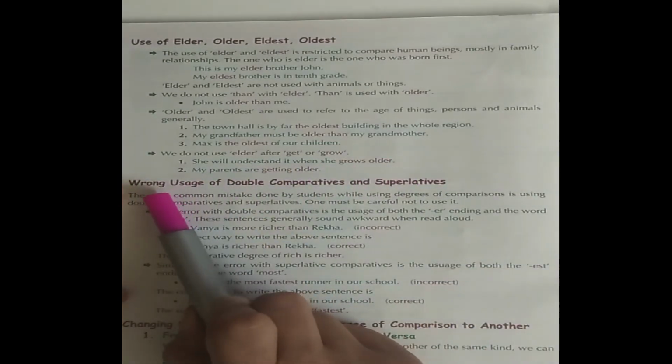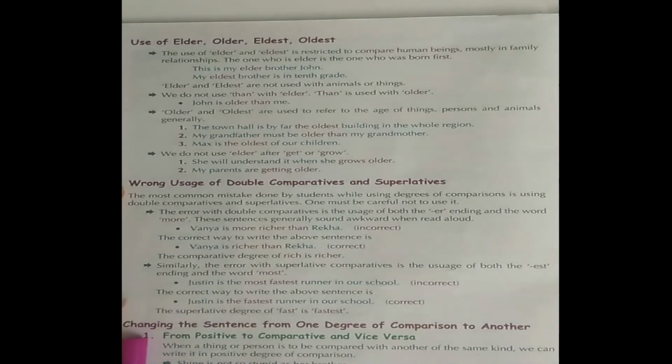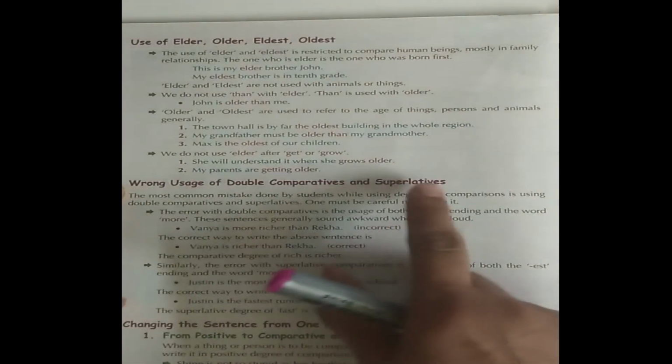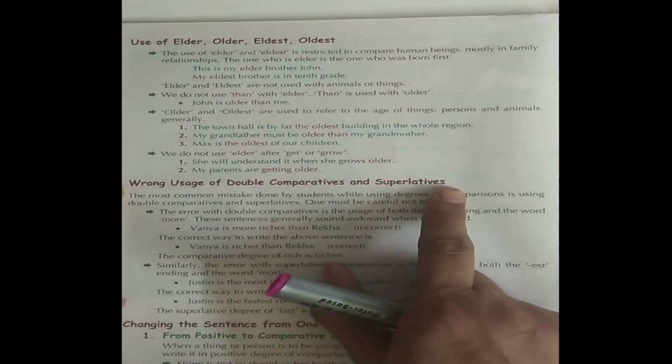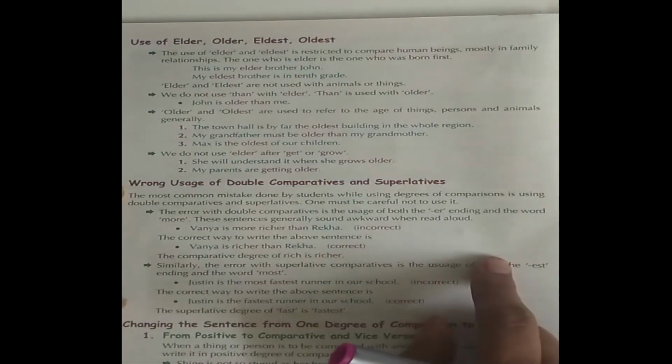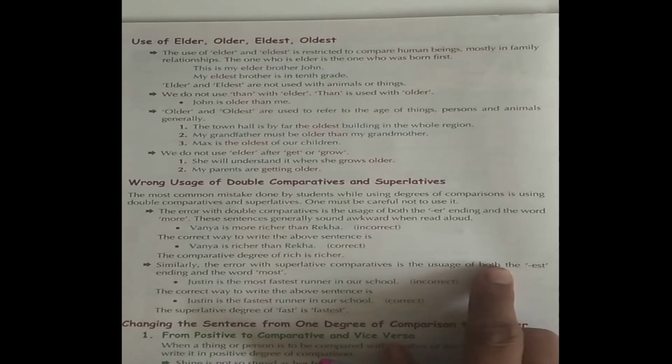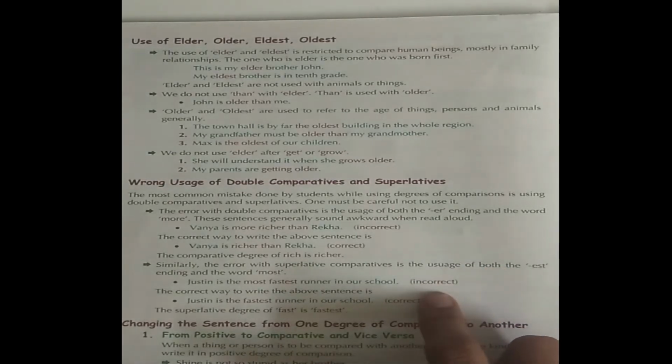The next point is very important for all of us because it covers the wrong usage of double comparatives and superlatives. Many of you are using them the way it is mentioned here, so I have taken a few examples from reference books which will help you in future in daily conversation and in improving our interaction with friends and colleagues.